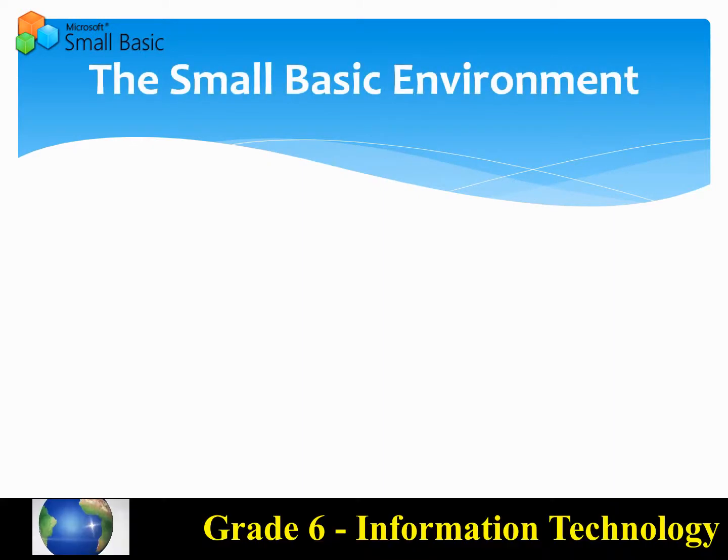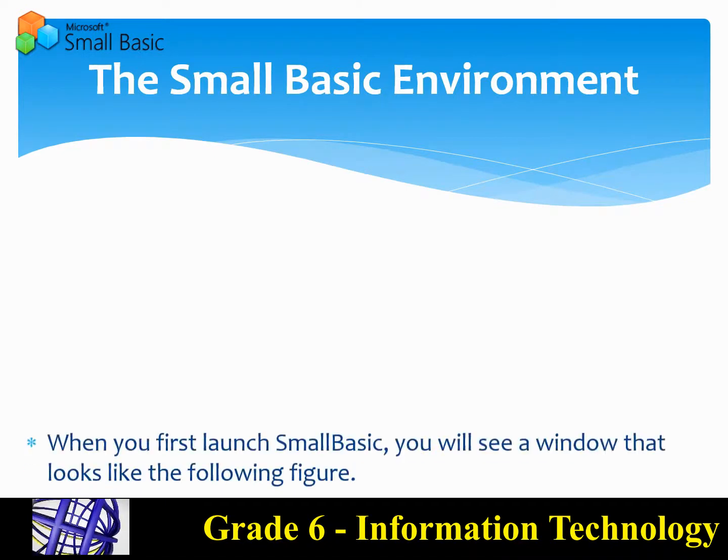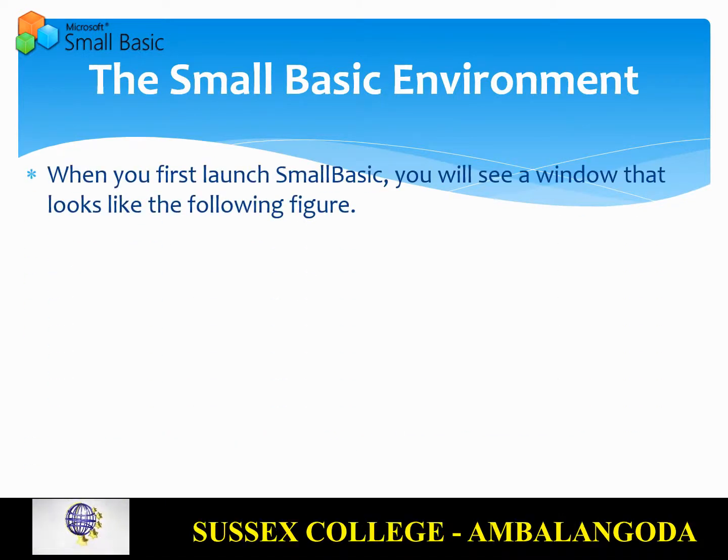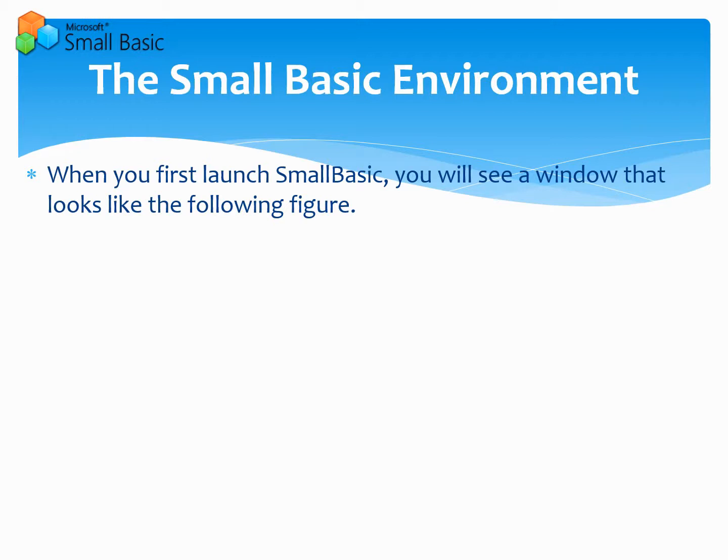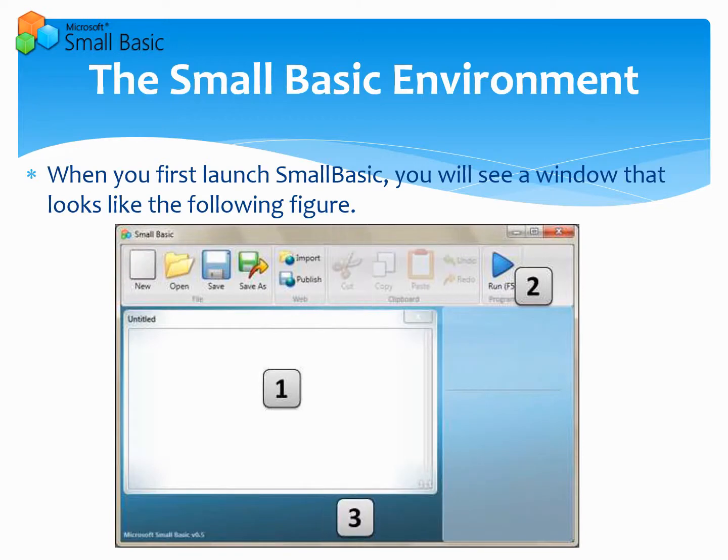When we go to the Small Basic program, we should know about the Small Basic environment. We should identify the parts that belong to the Small Basic window. Let's see them one by one. When you start it, this is the window you get.